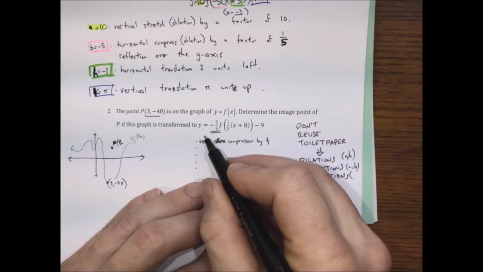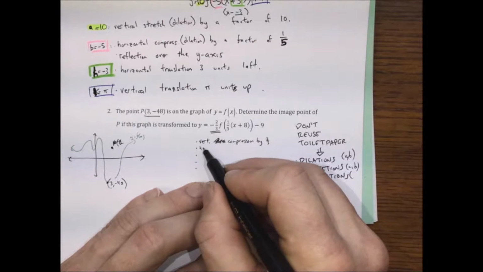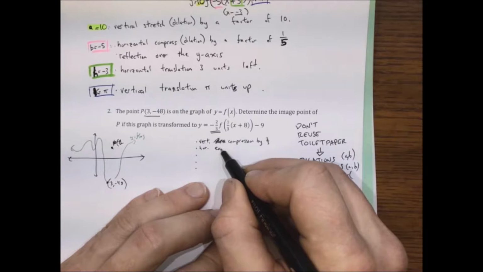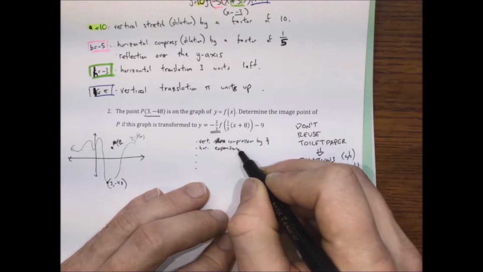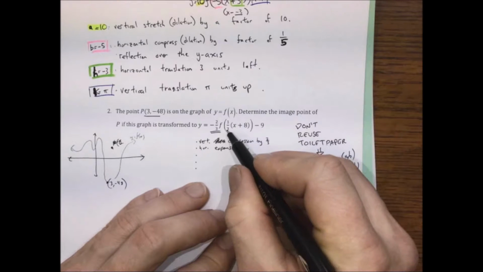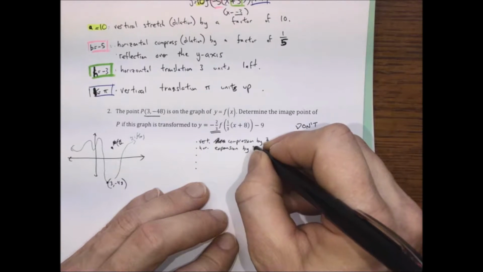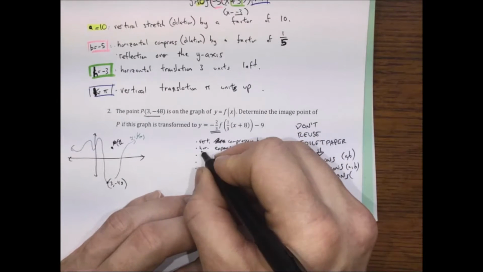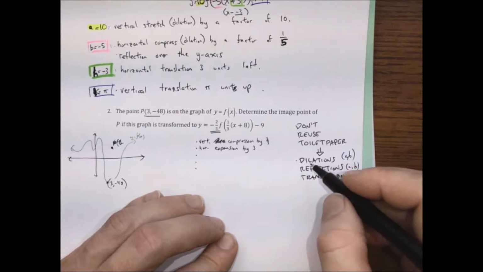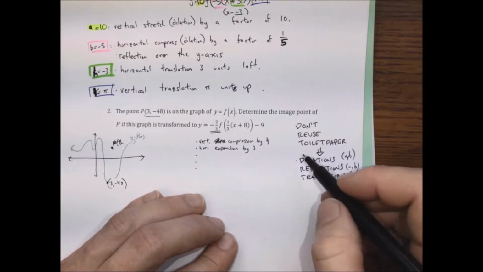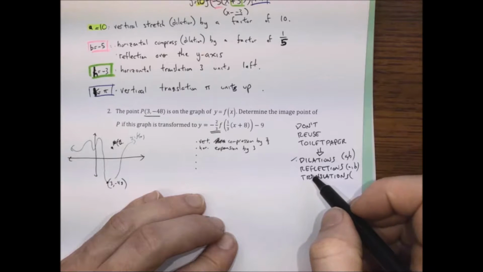And then I have a horizontal expansion by, remember I need to take the reciprocal of a third, so that's going to be by 3. And then that's all my dilations. I have a vertical one and a horizontal one. Check. Then I go for my reflections.